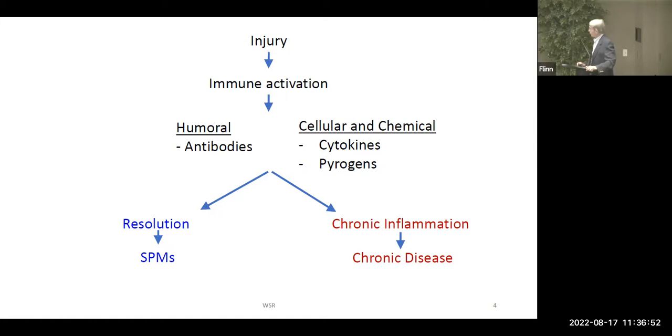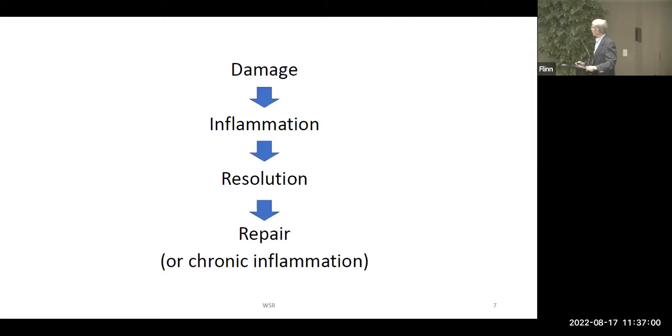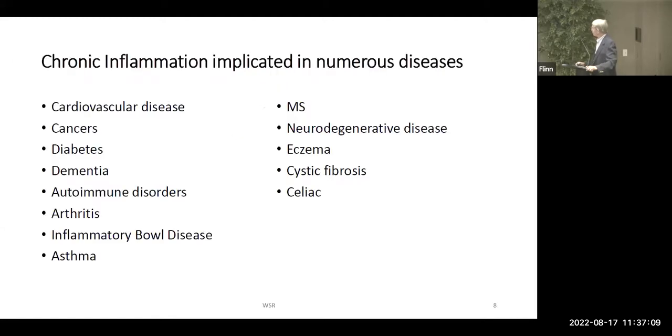If you don't proceed to normal resolution, the inflammatory response proceeds to chronic inflammation and to chronic disease. So the pattern is damage, inflammation, resolution and repair, or chronic inflammation.